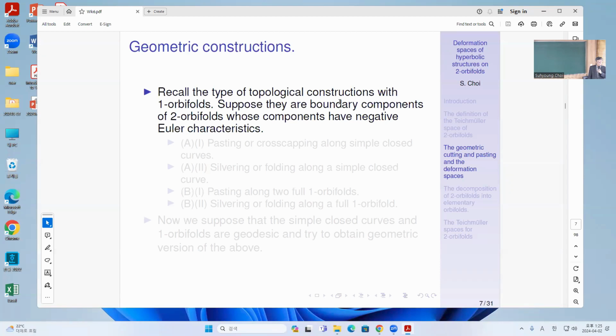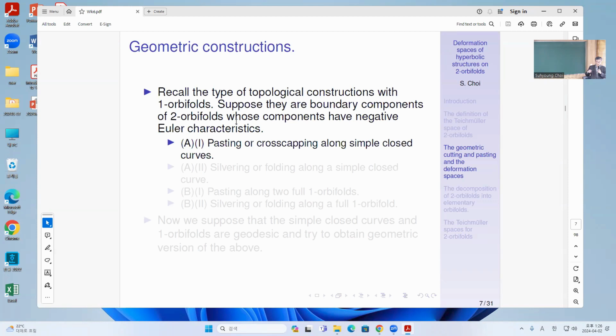So we talked about the cutting and pasting. Suppose there are boundary components of two-orbifolds whose components have negative Euler characteristic. Now we're looking at things which may have more than one component. The first construction was pasting or cross-capping along a simple closed curve. Pasting means you take two component curves and glue them together.